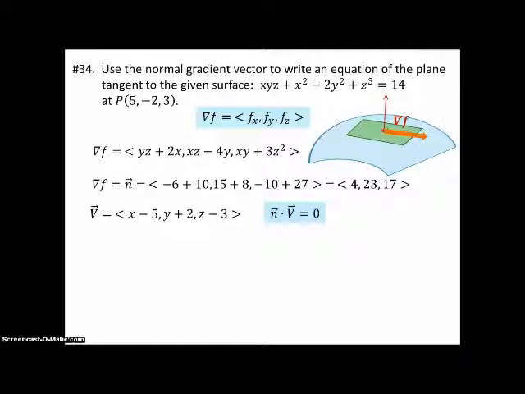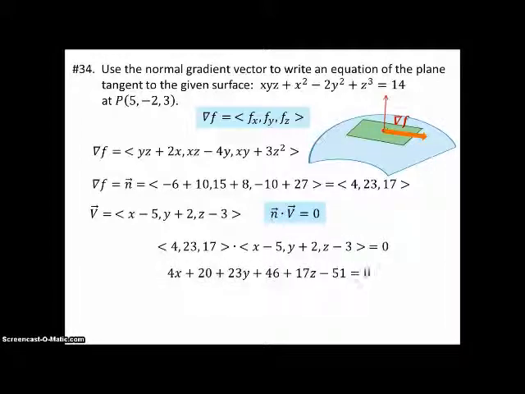So then all we have to do is dot n with v, because that will be 0 if they're perpendicular. Multiply it out and simplify. And that is the equation of the plane tangent to the given surface above.